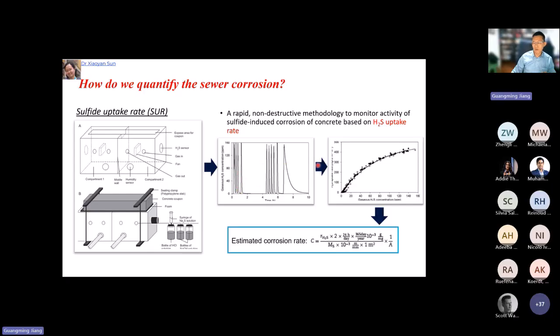With that profile, we can then calculate the consumption rate, which is called the H2S uptake rate. From there, we can back-calculate the actual corrosion rate. That is a way to quantify the instantaneous corrosion rate without destroying the sample.